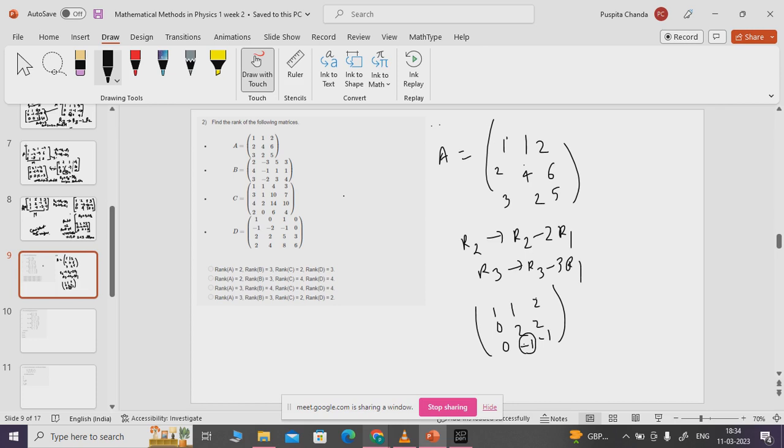For that we write the row operation: R3 will be 2 into R3 plus R2.